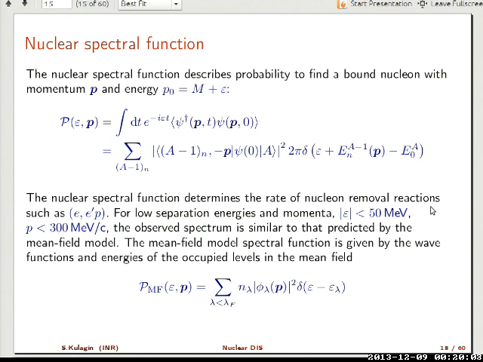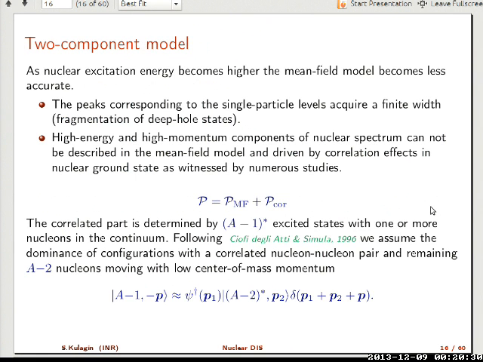So we have to take care of just the sum over occupied levels in some mean field and calculate the single particle wave functions. But if you want to go to higher energies, higher excitation and higher momenta, then this approximation wouldn't work, as we know. And so one has to do something about the correlation part.